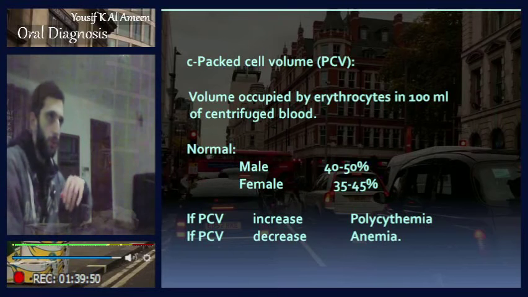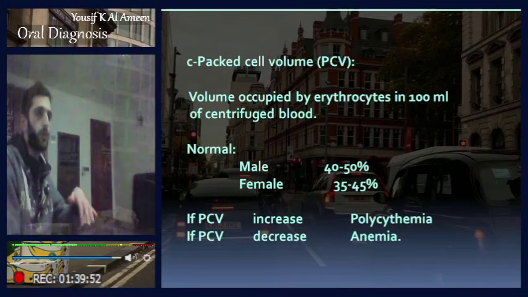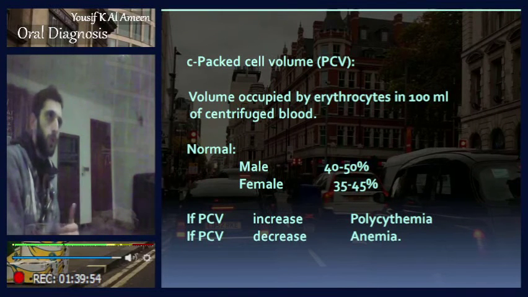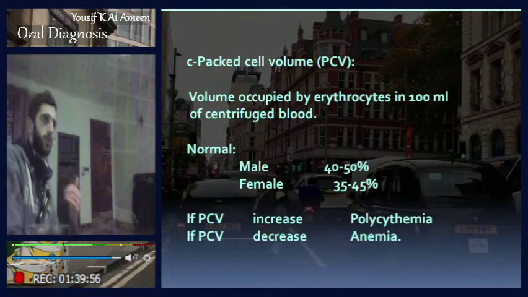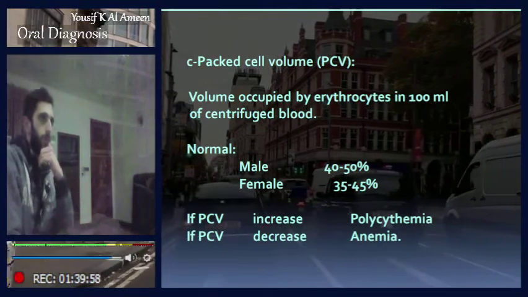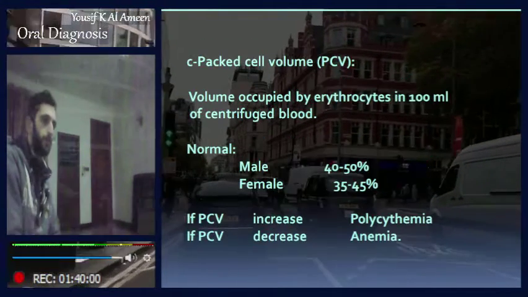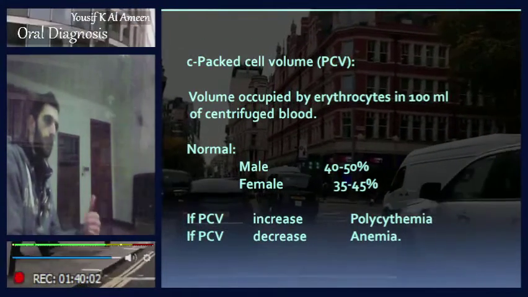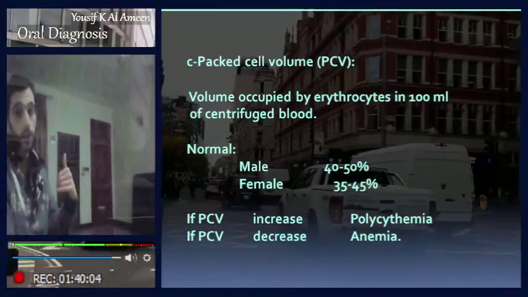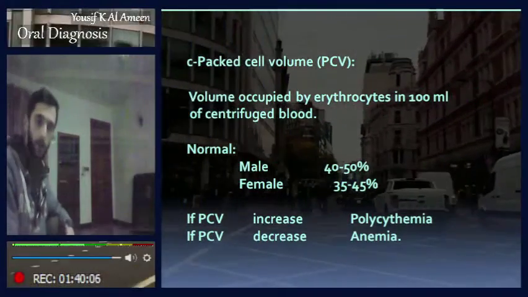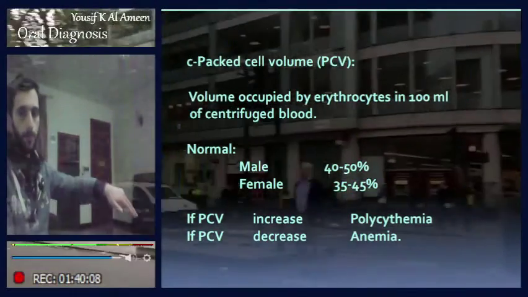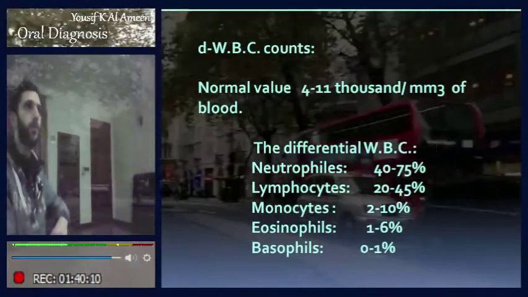PCV, packed cell volume, in male is 40. It is the volume occupied by erythrocytes in 100 milliliters of centrifuged blood. If increased, polycythemia; if decreased, anemia. That's the PCV.